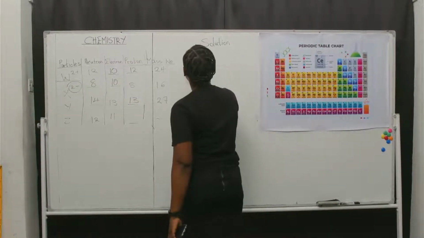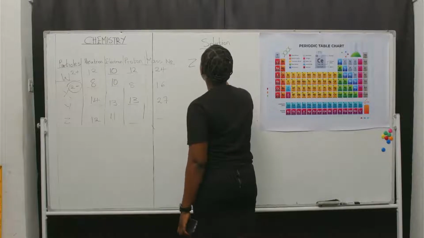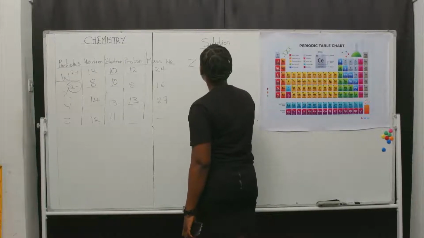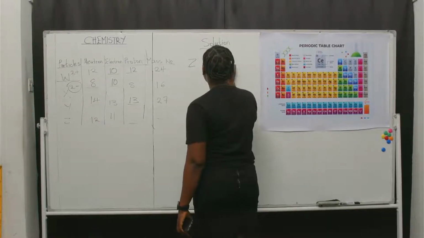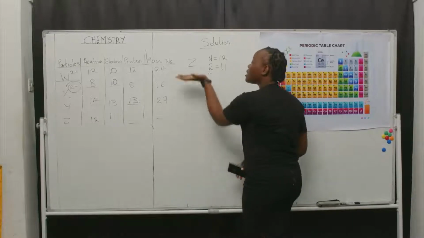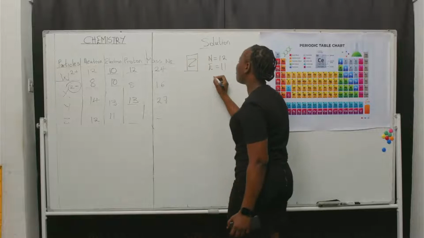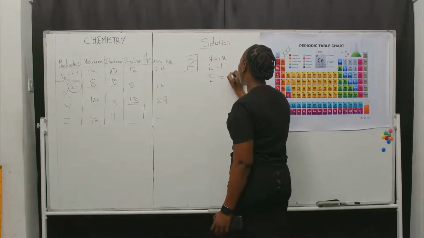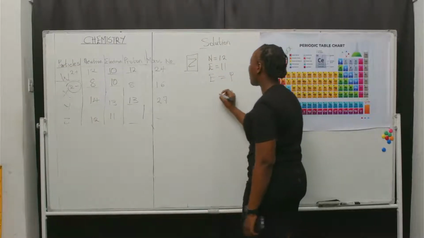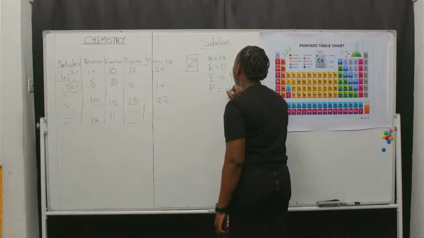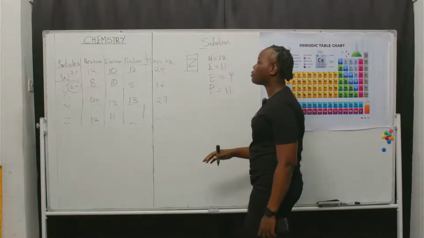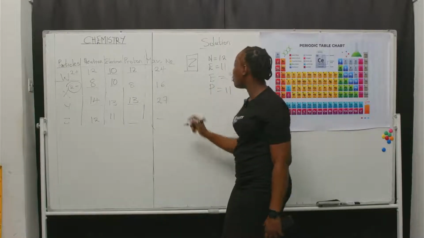The last one. That's Z. We're given the neutron number to be 12, the electron number to be 11. This is a neutral atom. And since it's a neutral atom, the number of electrons is equal to the number of protons. That means the proton number is 11. We are left with calculating the mass number.